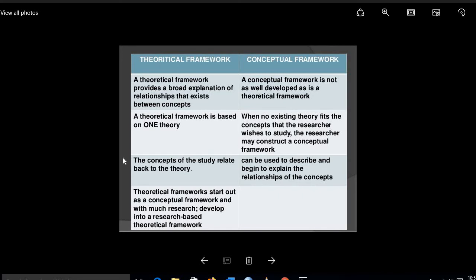Theoretical framework is based on a theory which is already established by someone. But conceptual framework may be from a theory which was formed by others earlier, or it may be the concept developed by the researcher himself. And a researcher begins with a conceptual framework. And actually, as you know, the conceptual framework is the flow chart.